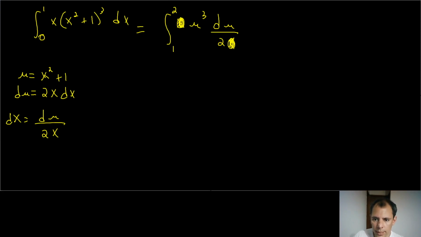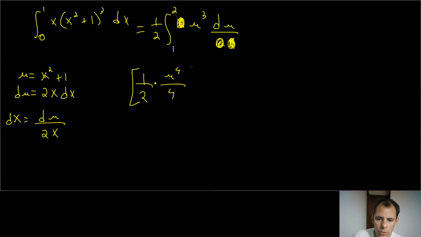Now you can integrate. This 2 right here, I'm going to get it out of here and I'm going to multiply it outside. All right? So it's half of u to the 4th divided by 4. These things are multiplying, right?